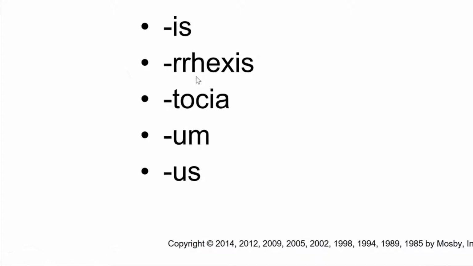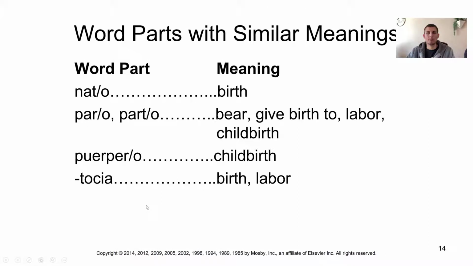And that, remember, is very specific to blood flow, and we're going to look at different types of these here in just a second. Tocia, meaning birth or labor. And then UM and US, again, not having any specific meaning. They're just there to make the word easier to say.